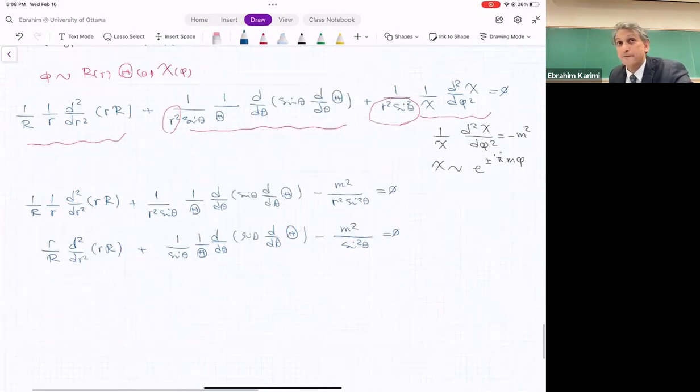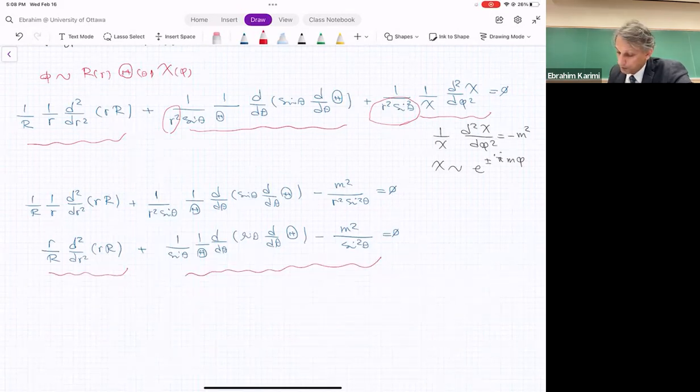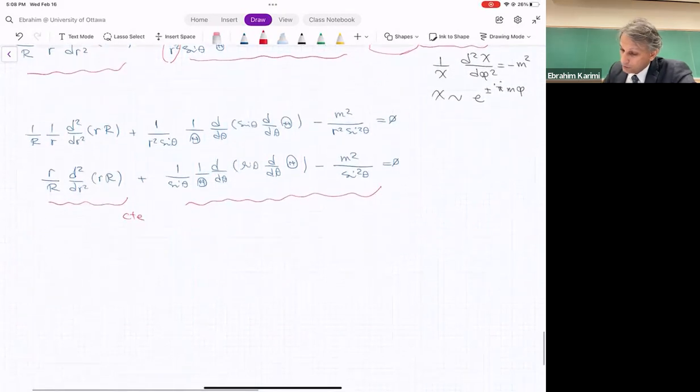Do you agree? I multiply both sides by r squared, and I get this expression. What is that? It is a function of theta only, and that is a function of r only. So it means that that also should be a constant. I call this a constant, CTE. So then r divided by r capital, d2 dr squared of r capital, equal to a constant.